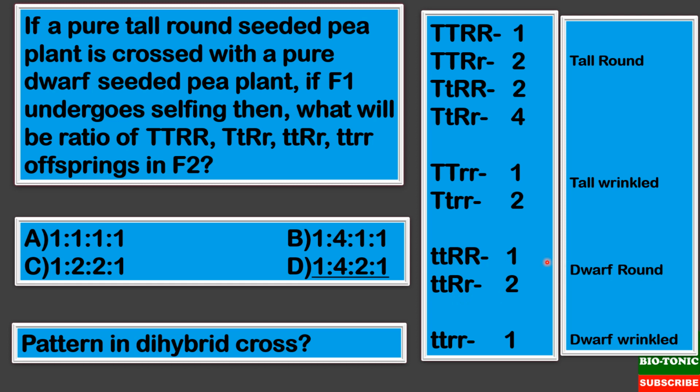Round can be pure round or heterozygous, so write first the pure genotype and second the heterozygous one: first is capital R capital R, second is capital R small r. For tall wrinkled, wrinkled is a recessive character, so write the genotype of wrinkled immediately, that is small r small r. The tall character can be pure tall or hybrid tall, so write first the pure and then the heterozygous.